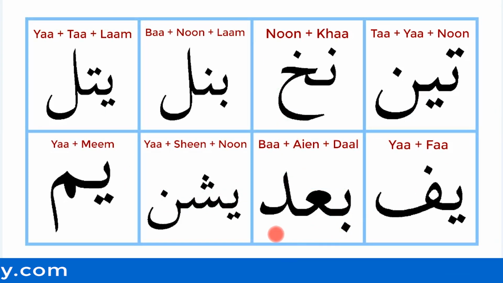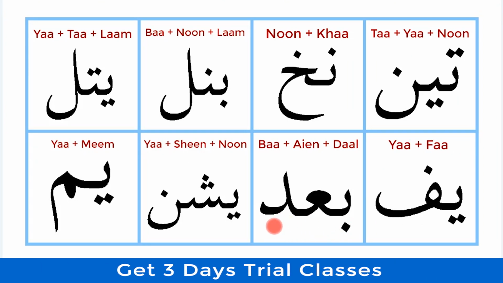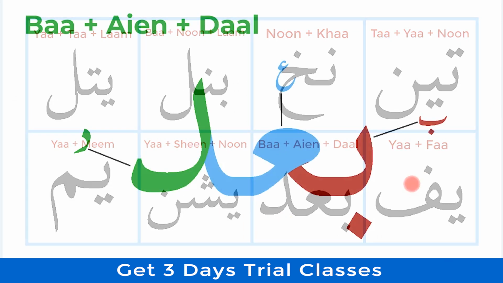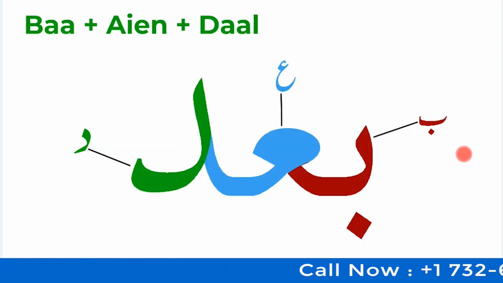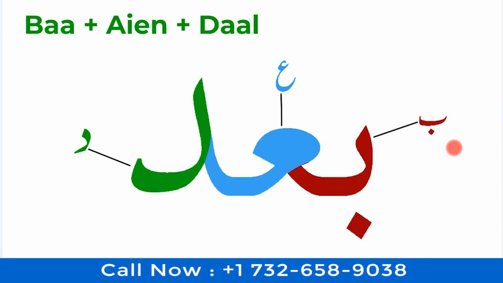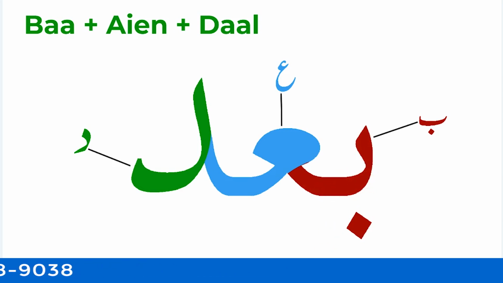Ba Ain Dal. This is single ba. When we write ba in words, ba will be written like this, and we will recognize ba by its dot. Ba has one dot below.